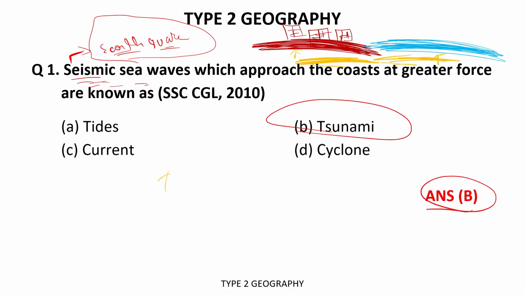When this force applies upward, the waves will come towards the coastal region with great force, because the earthquake has impacted them. As the earthquake goes high, the tsunami will also go high. Now I think you have got your answer.